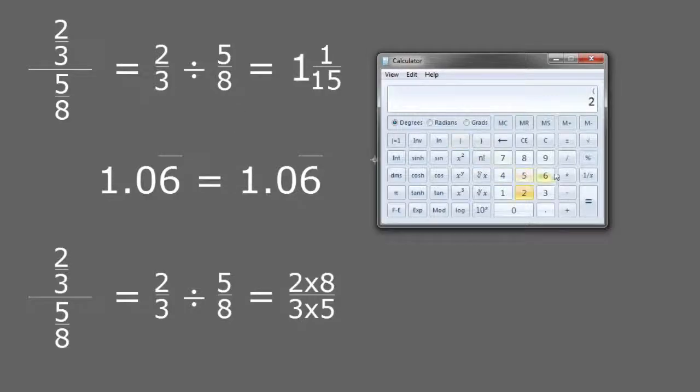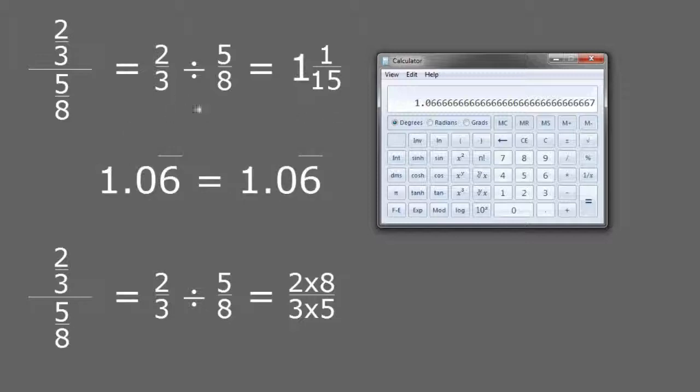I get 2/3 divided by 5/8, and that equals what we see here, 1.0 and an infinite amount of 6's. That's why I have a line over the 6. That is a recurring decimal, meaning that the 6 repeats infinitely.